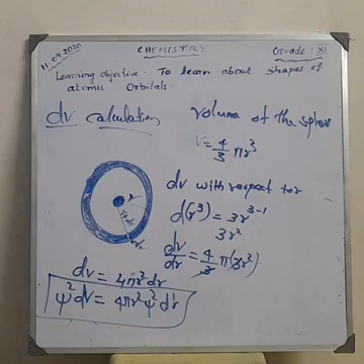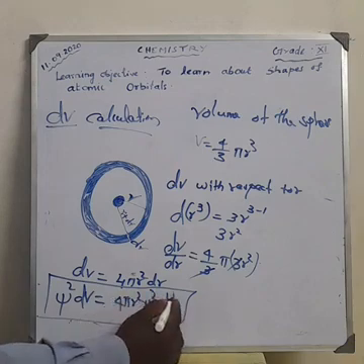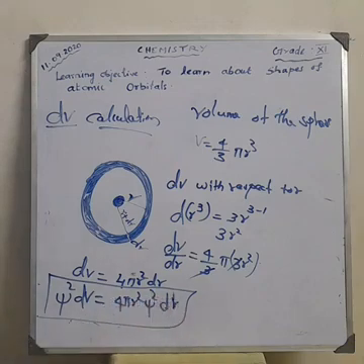We take these two variables, the radius and 4 pi r square psi square dr, and plot one against r. We get a slope. What does that slope mean?